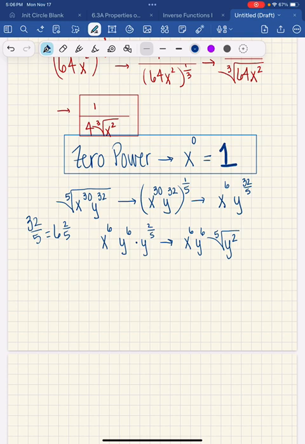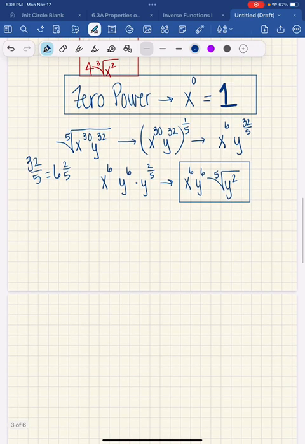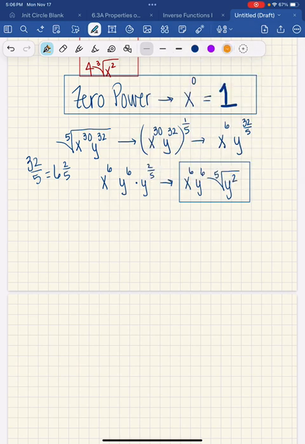I'm going to show you another way to do this that might be a little bit easier for some of you. It depends on who you are. And I don't care which way you do it. Okay, so another option, let me rewrite the problem. Is to divide.